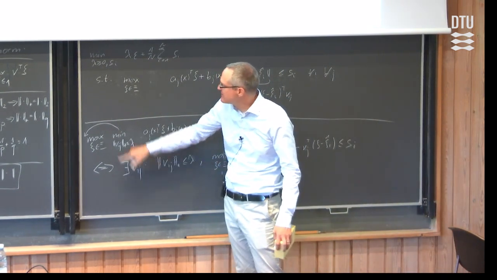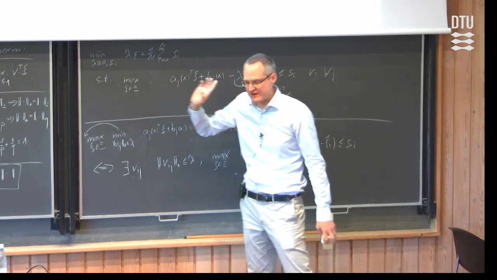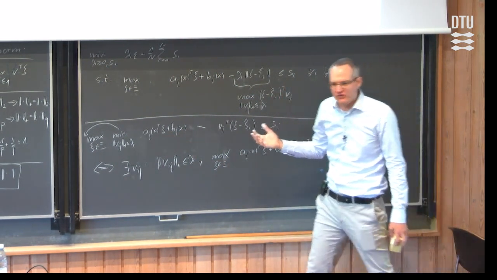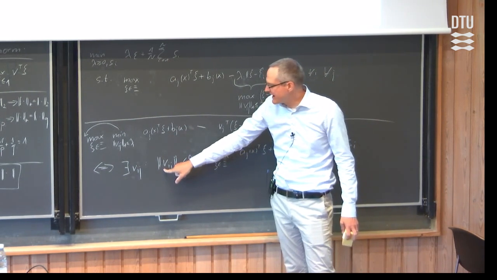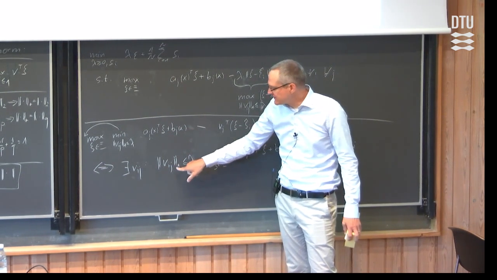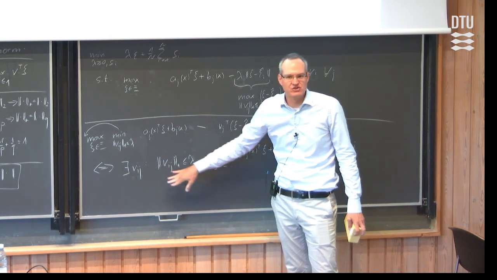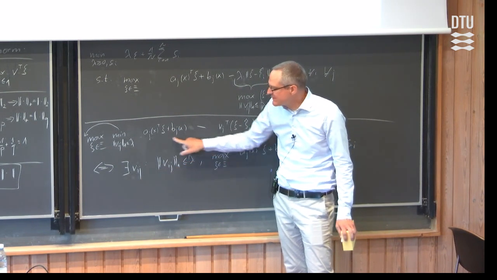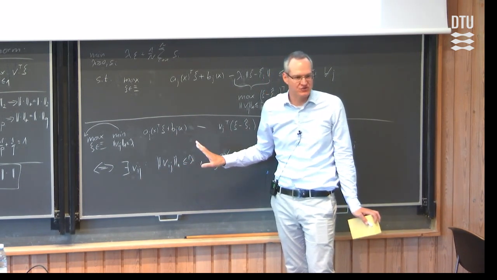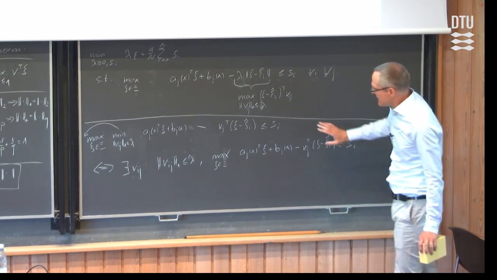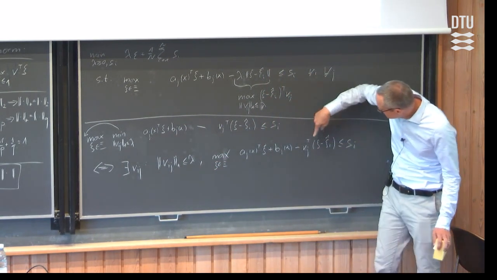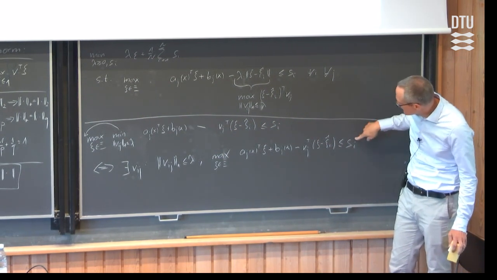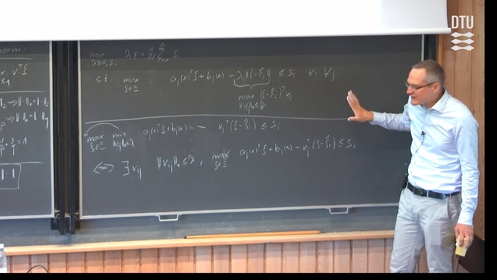Then we have this constraint here, which is actually a convex constraint. It says the norm of some vector should be smaller or equal to lambda. If this is a 2 norm, this is actually a second order cone constraint, so this would be easy. If this is the 1 norm or the infinity norm, this can be reformulated in terms of finitely many linear constraints. Okay? This thing here is still complicated because it says the maximum over all xi of something that is linear in xi is smaller or equal to s_i. Here I can do something I've already done.